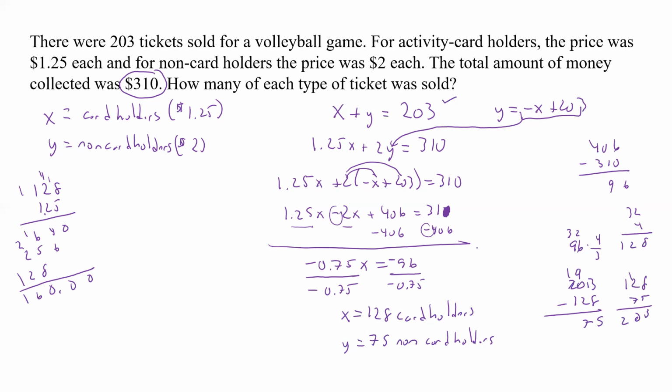And then 2 times 75, that's going to give us 150. And so if we add 150 to that, we get 310. And that's what we're supposed to get. Okay, so that is the correct number of each of those holders and non-holders.